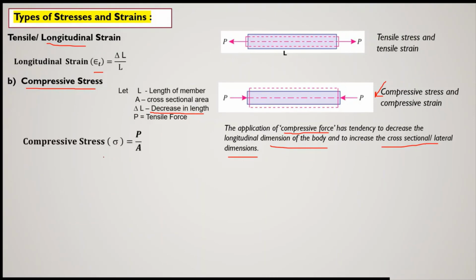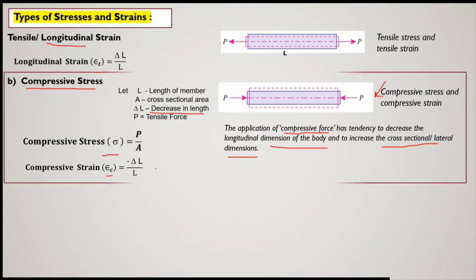So compressive stress is given by P by A, that is the compressive force divided by cross-sectional area, and compressive strain, here you can use epsilon C, and we will be using a negative symbol, that is minus delta L by L, or you can write it as delta L by L, and within brackets you will write compression. So here there is decrease in the longitudinal dimension by the original dimension.